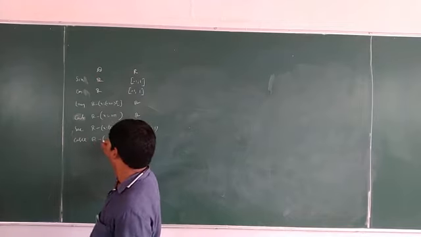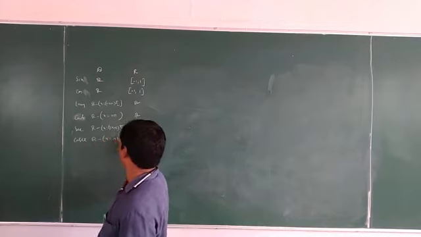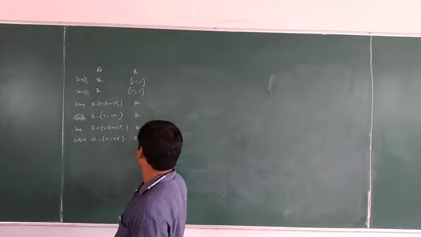Next, cosecant: R minus x equal to n pi, range R minus (-1, 1).